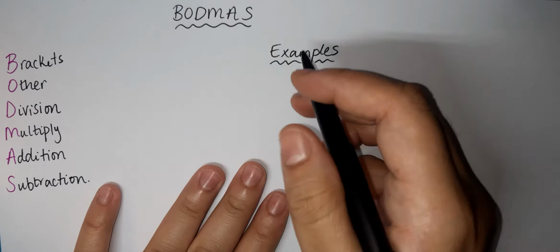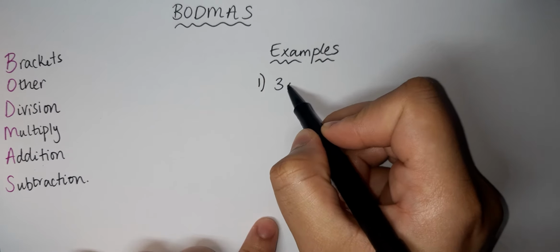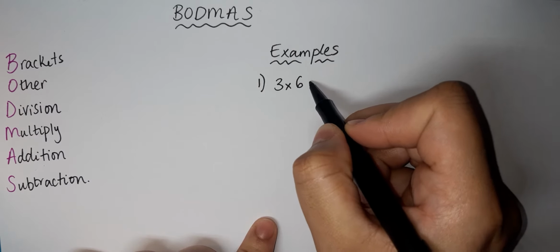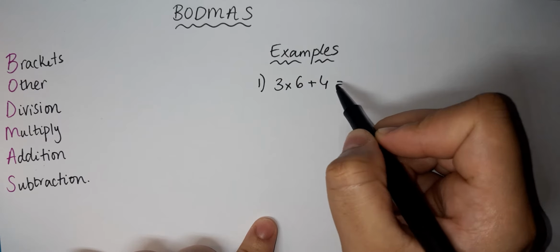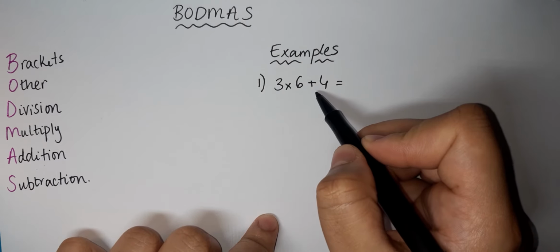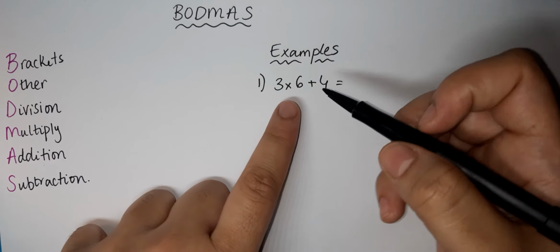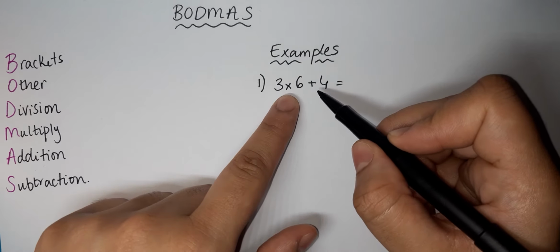So if the question is, number 1, 3 times 6 plus 4. If that's the question, here we've got a multiplication and we've got an addition. But it looks a little bit confusing because now we need to find out which one to do first.